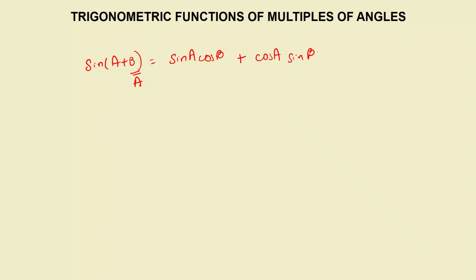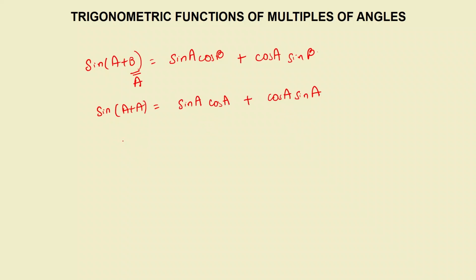So I can take both of these angles to be the same, for example a is 30, b is 30, or 40 and 40, or anything. I'm just plugging in a in place of b. It will hold for any value, so I can do that. If I put that, I get this.